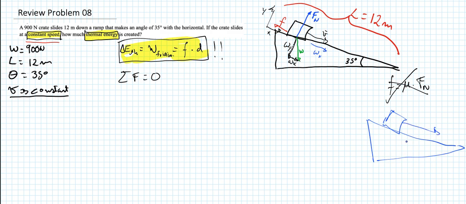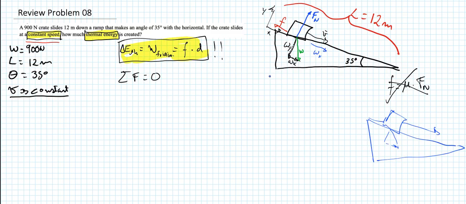For example, this one here, it's the x component of the weight that will be fighting against the friction here. So this is why the crate goes down, right?